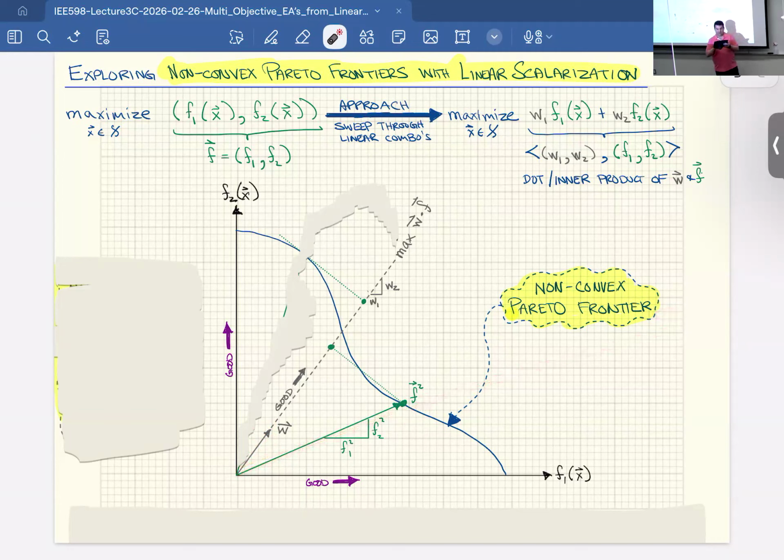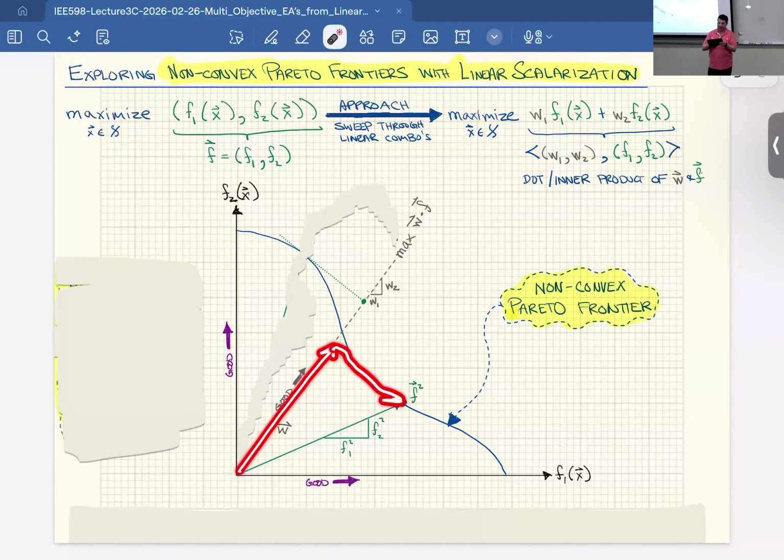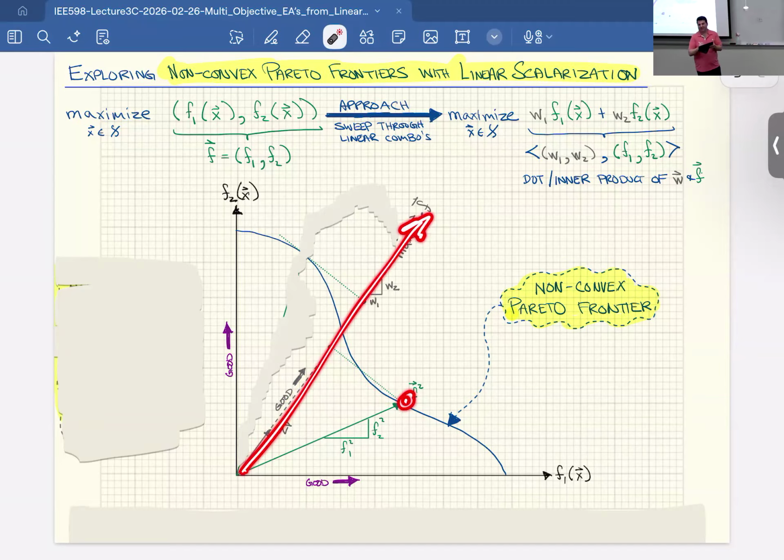So it really is saying that every one of these vectors can be decomposed into a component in the direction of the desired trade-off and a component orthogonal to it. And really what I'm saying is, for every point, I want to find the point whose component in the direction of my desired trade-off is maximized. Does that make sense so far before I jump into why convexity matters here?